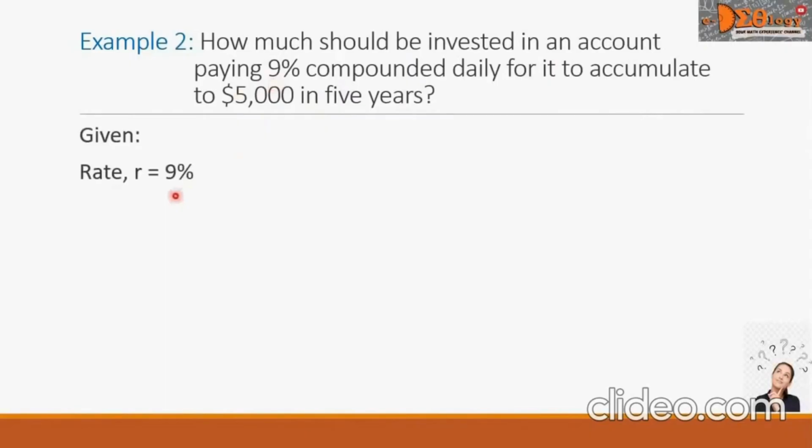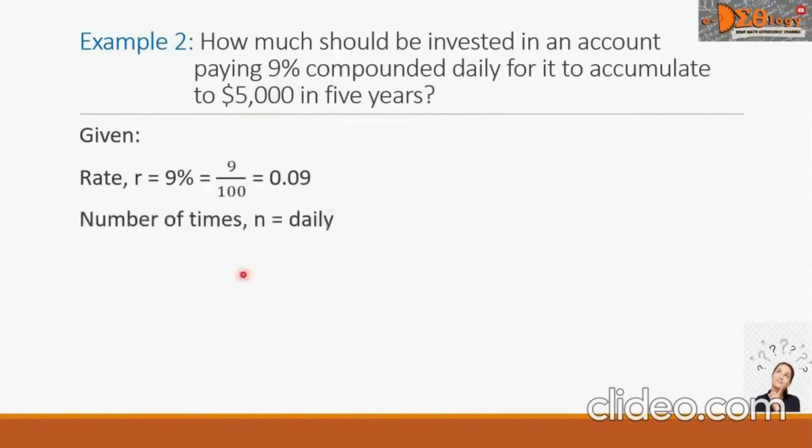Let us convert this 9% into decimal. Of course, that is 9 over 100, and this value equals 0.09. Next is the number of times the interest is compounded, and it is written here daily. It means the value of n is 365.